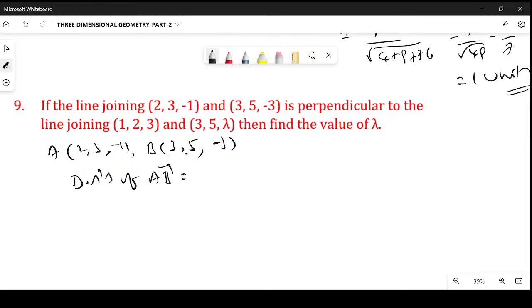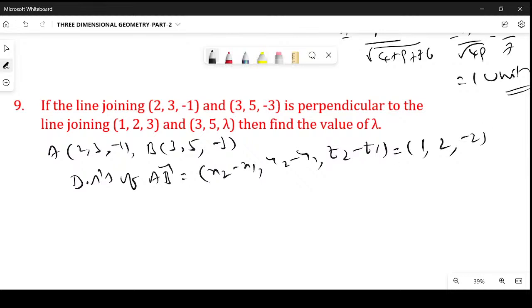They are x2 minus x1, y2 minus y1, z2 minus z1. You can find this: 3 minus 2 is 1, 5 minus 3 is 2, and minus 3 plus 1 is minus 2. This is the DRs of AB bar.